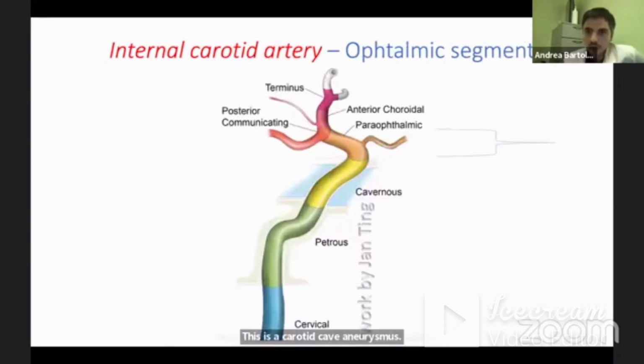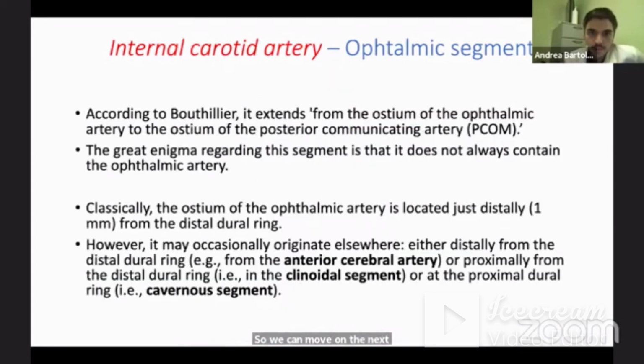So we can move on to the next ICA segment, the ophthalmic or paraophthalmic one. It extends from the ostium of the ophthalmic artery to the ostium of the posterior communicating artery. The great enigma regarding this segment is that sometimes it does not contain the ophthalmic artery.